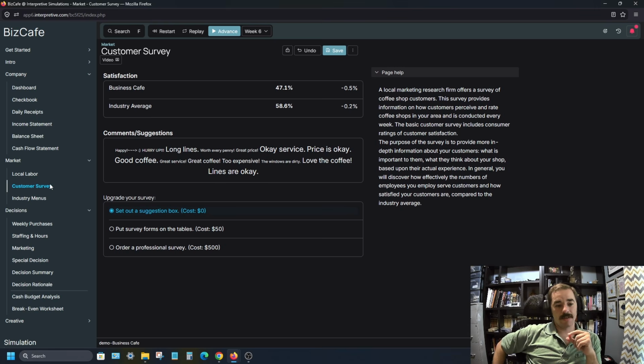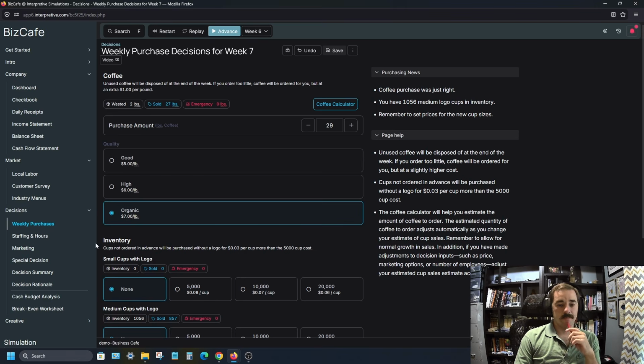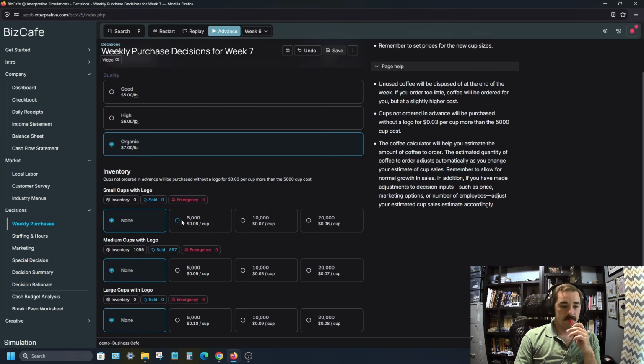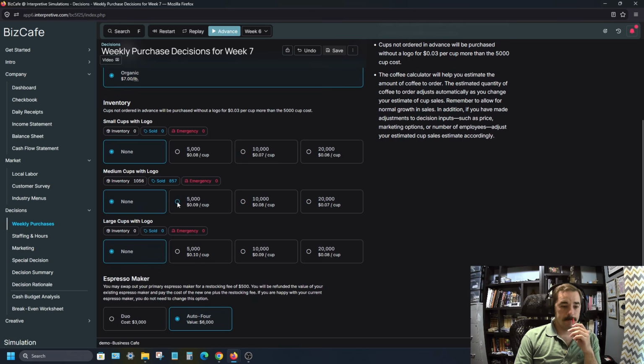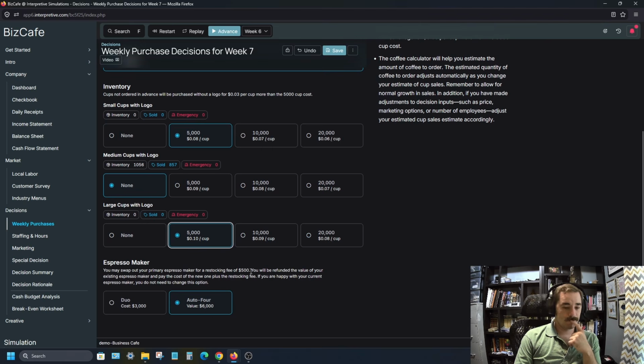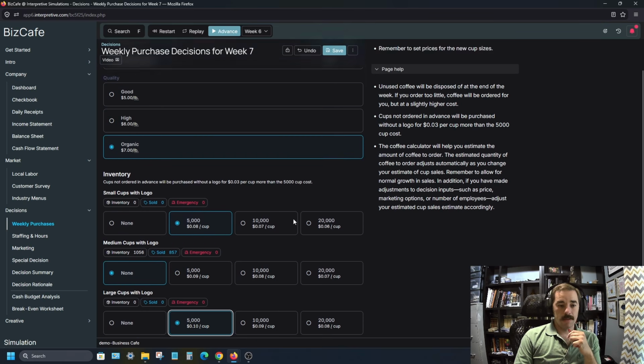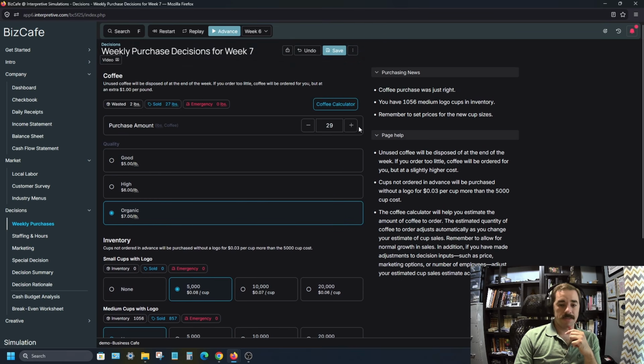We're below the industry average. We're going to get all these different cup sizes. We're going to order 35 pounds of coffee.